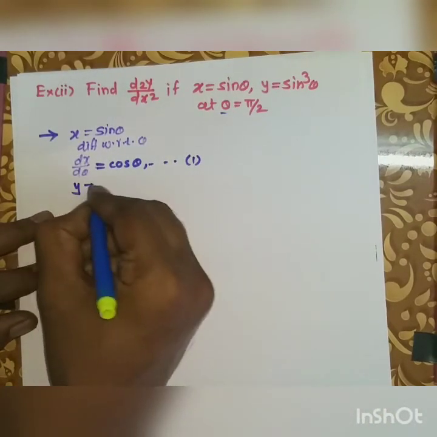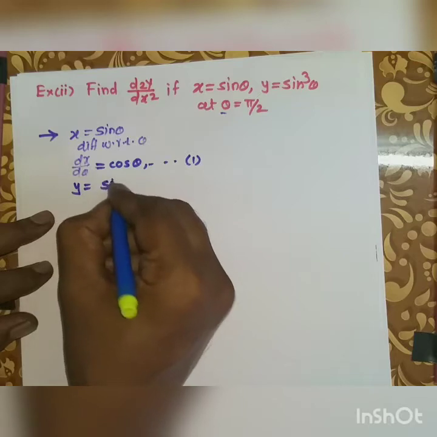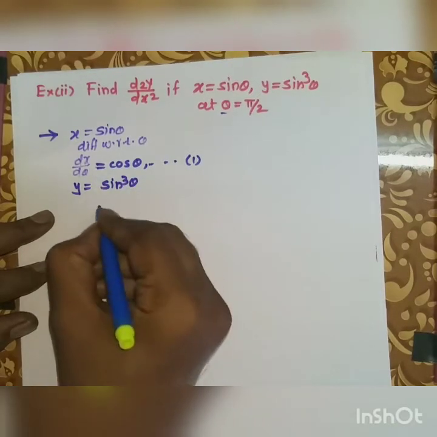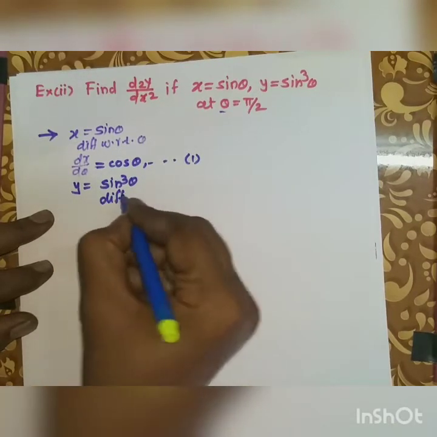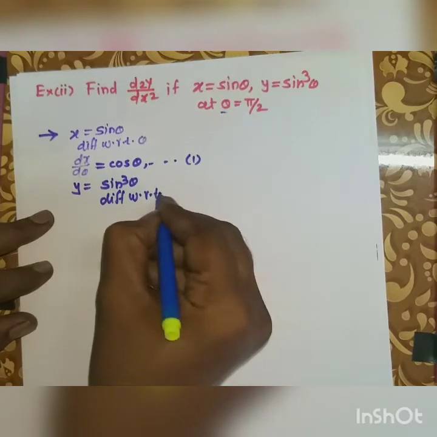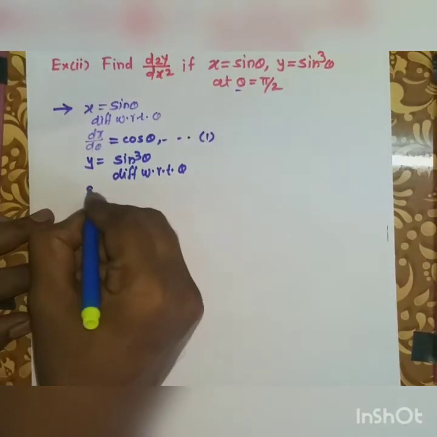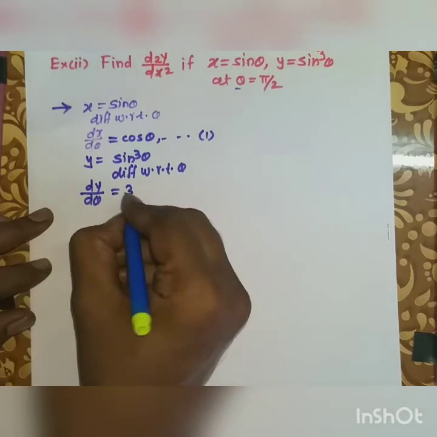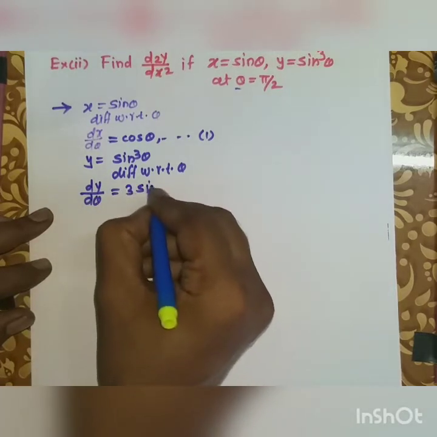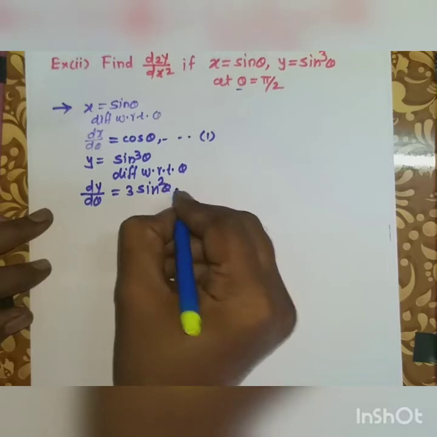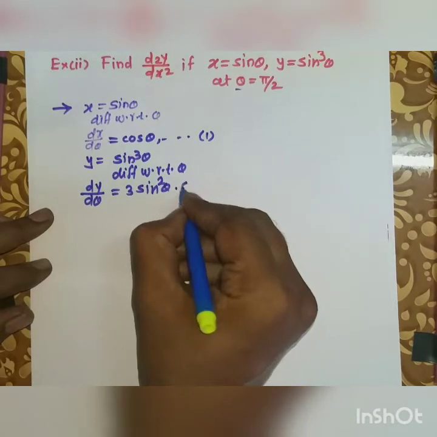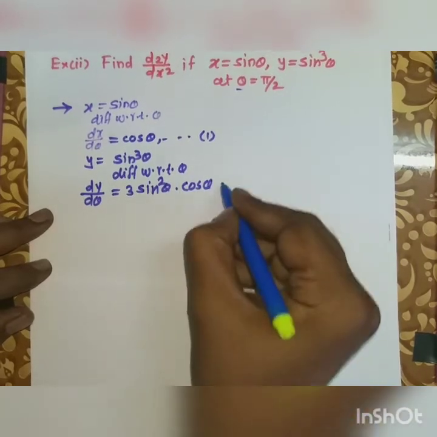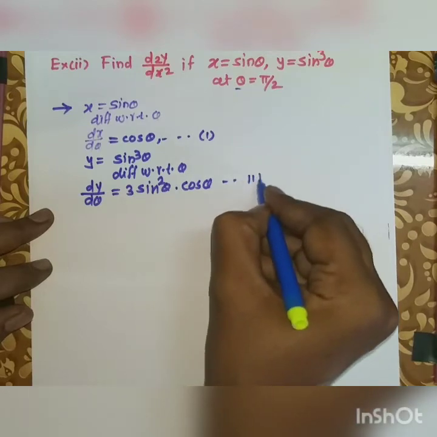Y is equal to sin cube theta, again differentiate with respect to theta, dy by d theta is equal to 3 sin square theta into the derivative of sin theta, which is cos theta, equation second.